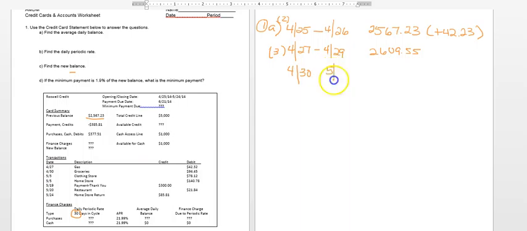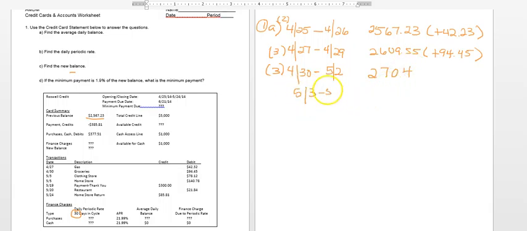Since there are only 30 days in April, that accounts for 3 days. And to this, I'm going to add my new purchase of $94.45. So my new balance here is going to be $2,704. Now I'm going to continue this.